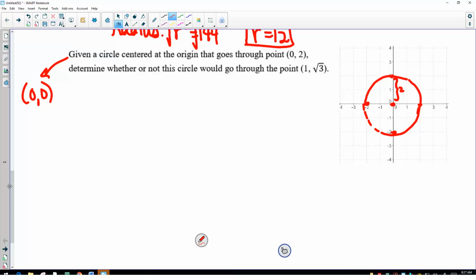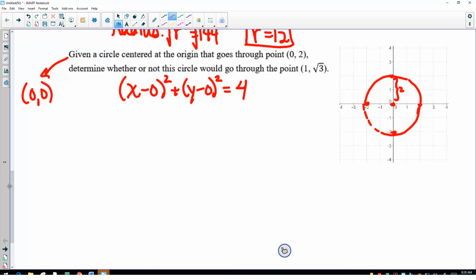And it says determine whether or not the circle would go through the point at 1, square root of 3. So the first thing we want to do is, again, write that equation. Let's make that equation. So I'm thinking, okay, x minus 0 squared, plugging in our center point, plus y minus 0 squared equals our radius squared. And if the radius is 2 and we square that, well, 2 squared, we're going to have 4. So that's representing that circle that we have centered at the origin going through the point 0, 2.